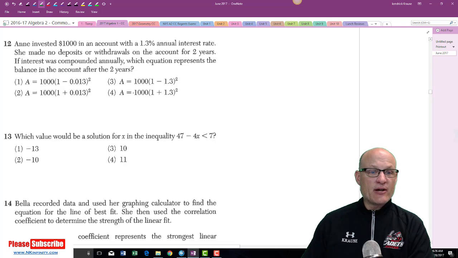Anne invested $1,000 in an account with a 1.3% annual interest rate. She made no deposits or withdrawals in the account for 2 years. If interest was compounded annually, which equation? So all of them start with $1,000. And if we're going to increase our money, it's always plus. So we're looking for the plus.